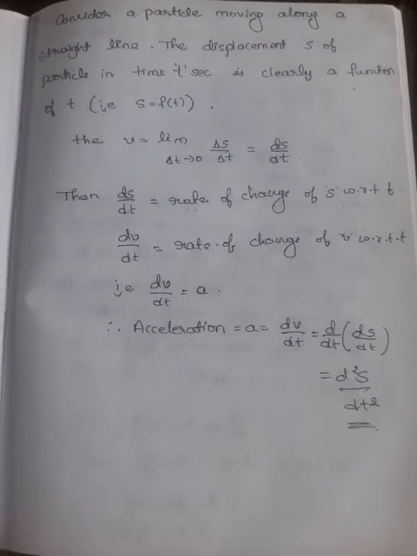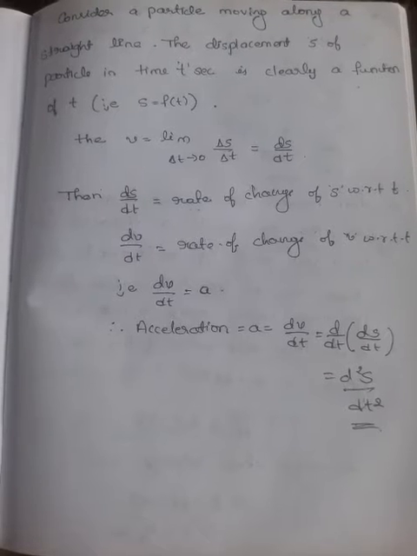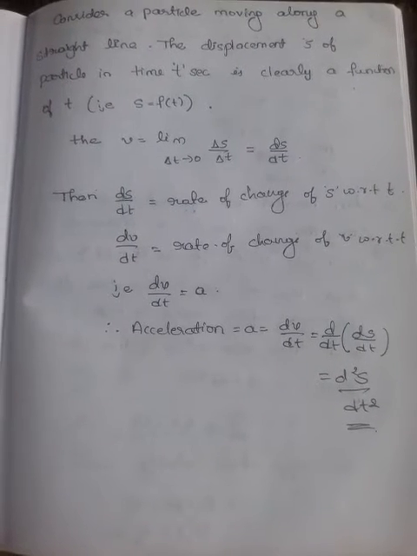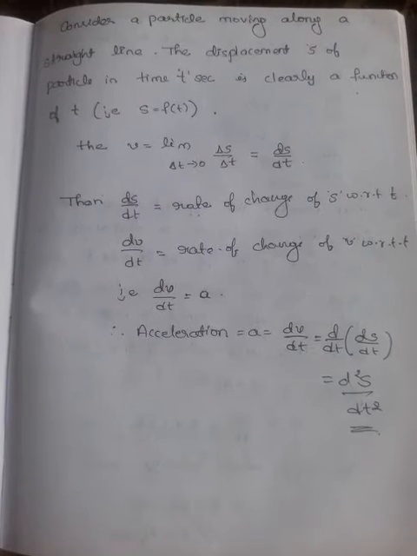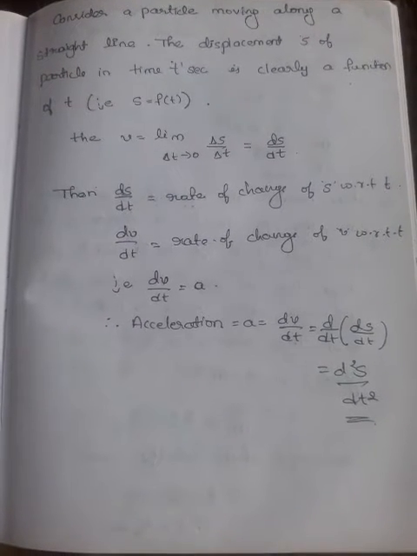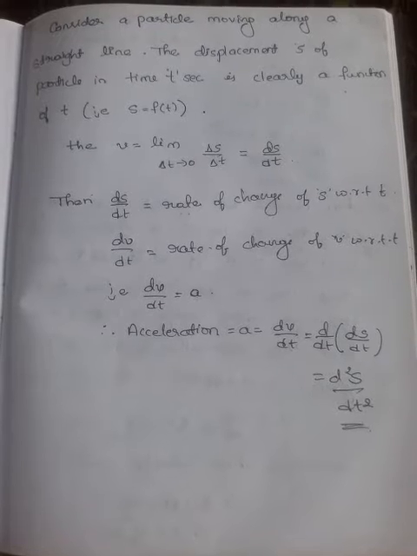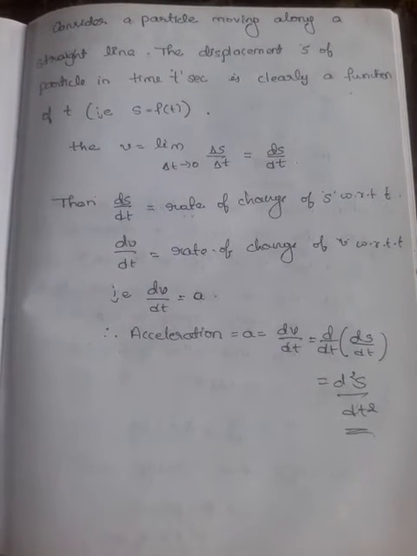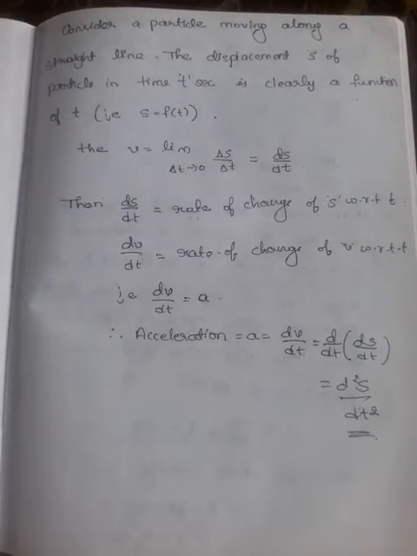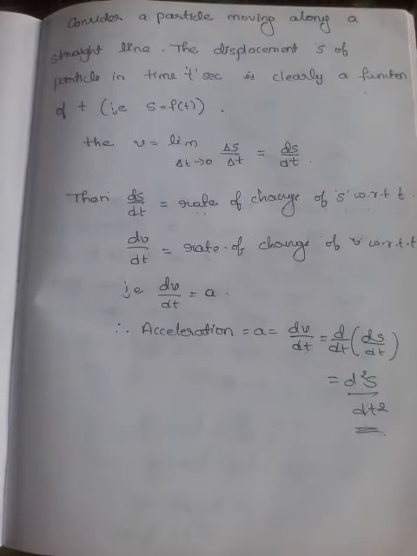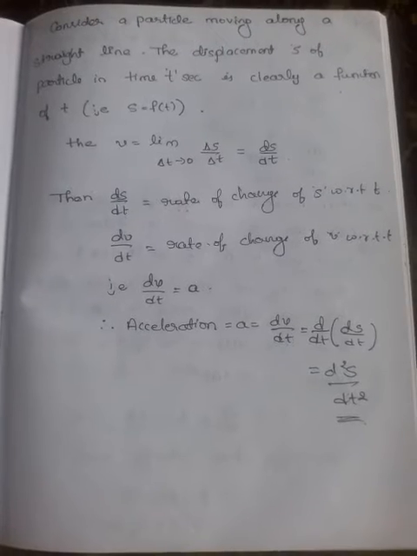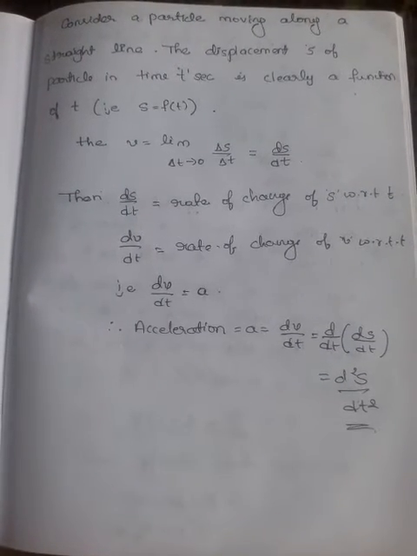The average velocity supplies no specific information about the motion of a particle at any particular instant. For example, if a car travels a distance of 180 km in a particular direction in 3 hours, we say that the average velocity is 60 km per hour, because 180 by 3 is 60 km per hour.